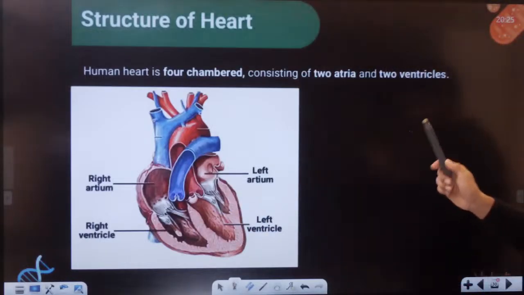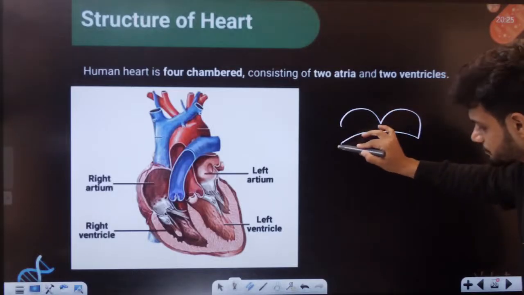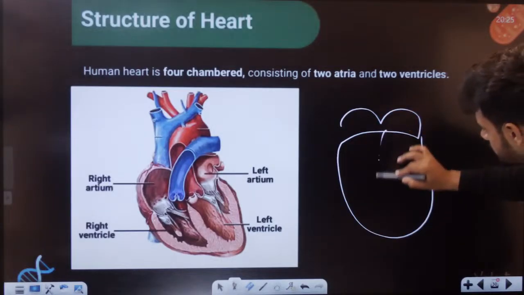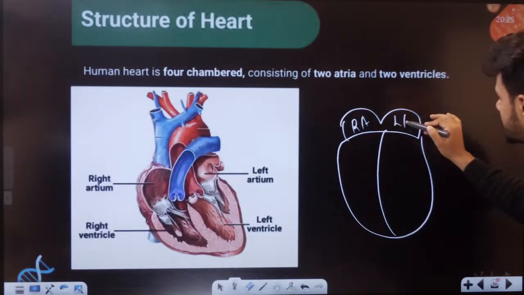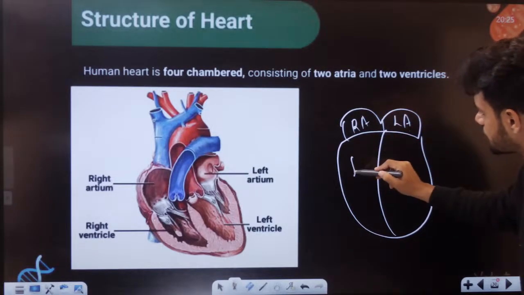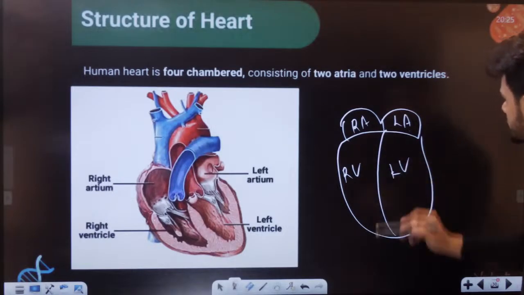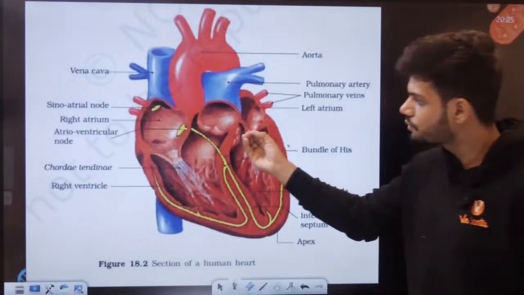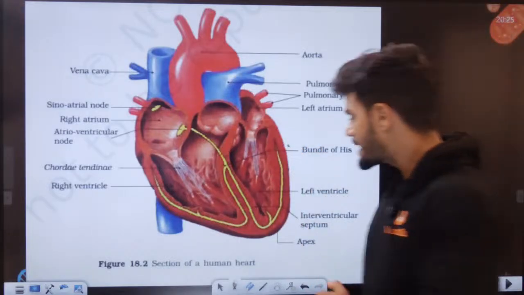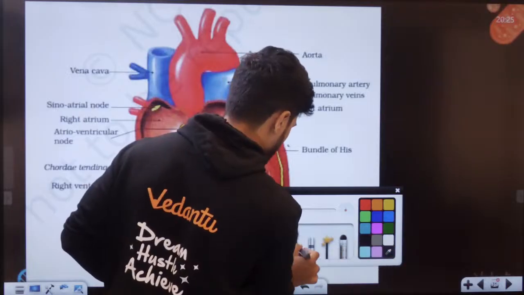If you draw it one more time, students, the simple diagram which I am drawing, you can see here also. This is your right atria, left atria. This is your right ventricle and left ventricle. That's all. 4 chambers, students. You can see one more diagram given here. In this diagram you can notice very clearly. Let me open the highlighter.